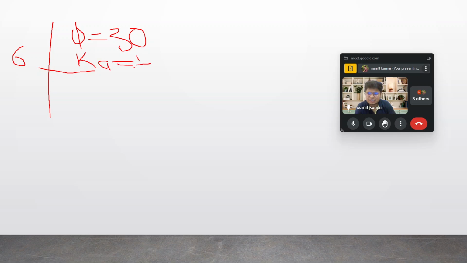And the value of c for the bottom layer is 20. The value of phi is not mentioned over here, so we take phi as 0, because if the value of phi is not mentioned, we cannot assume that the phi above, 30, applies. That is not the case. Now, how do we write? When we draw, we write the equation of the value of PA.